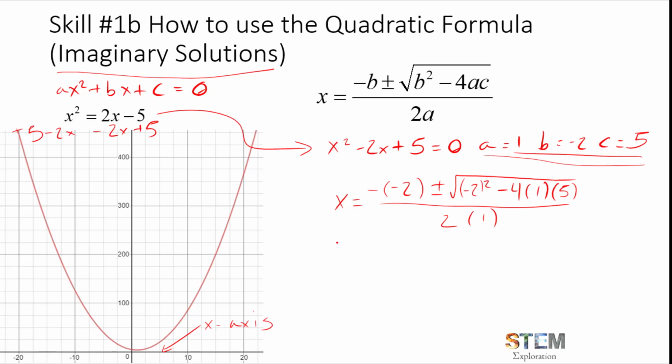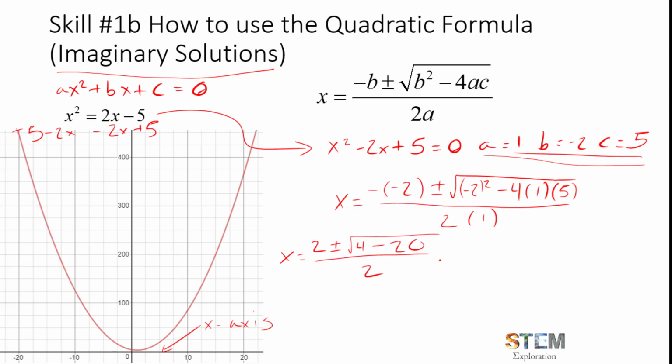We just need to crunch out some of these numbers, so let's rewrite it over here. -2 would just be +2, plus or minus -2 squared would be 4, minus 4 times 1 times 5, which with the negative there will be -20, and we'll go all over 2.